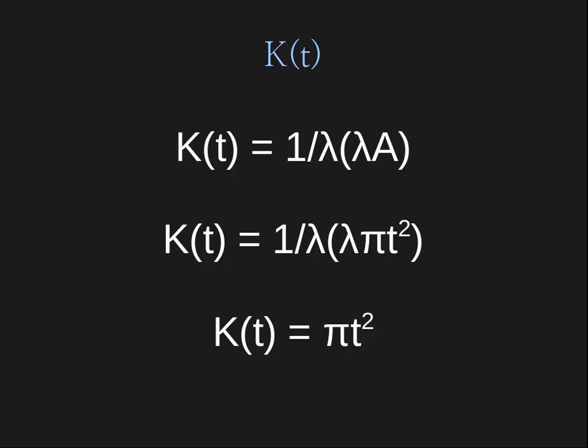Nice thing is, this 1 over the density times this density cancel out. And so the expected K of t is just the area of the circle that it inscribes. So it's really easy. The expected for random data for any K of t is just the area of the circle that's inscribed by that radius of that distance.